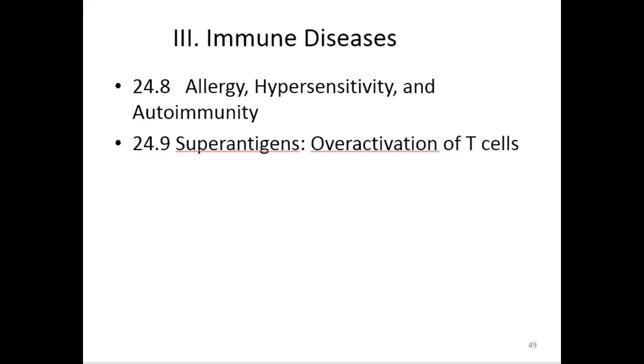So the antigens are foreign material that the body should tolerate but doesn't. It reacts immunologically to. And sometimes those proteins are from outside the body, and sometimes, very sadly, they're proteins from inside the body. And we'll also talk about the last class of exotoxins, which are superantigens that also overstimulate your immune response.